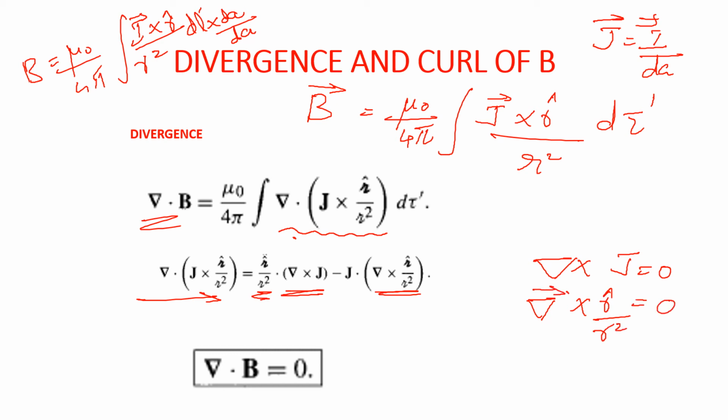These two we proved in the previous modules or previous problems. You can refer to those problems for how we proved that del cross r cap by r square equal to 0 and del cross J equal to 0. So these two are 0, then that gives del dot B equal to 0. That is, the divergence of magnetic field is 0.